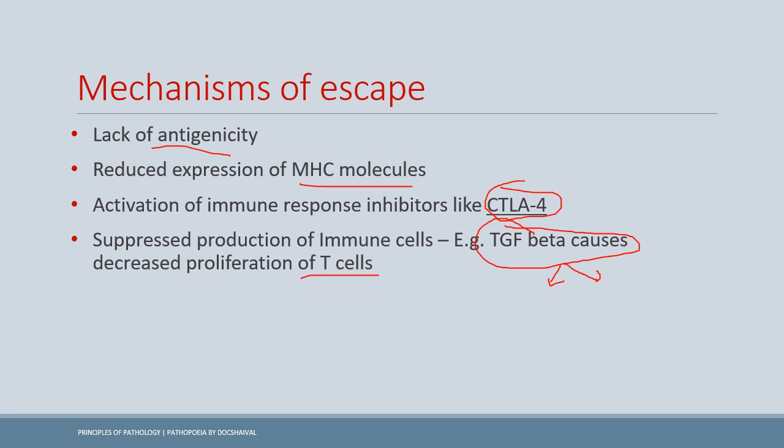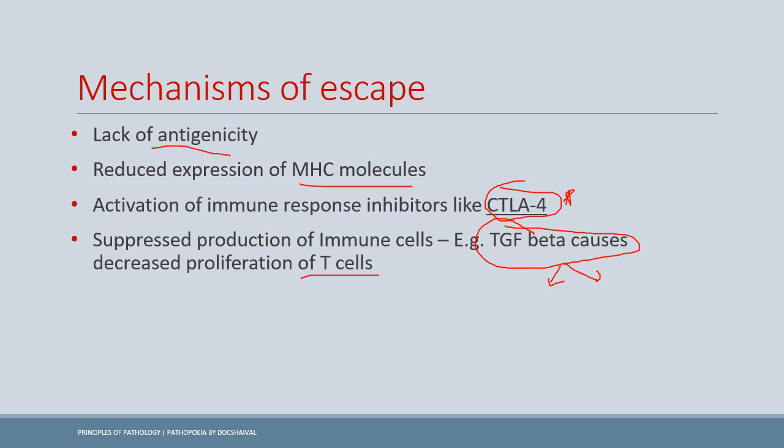While if it is causing anti-proliferation of the tumor, then it is helpful for us. So be aware of which tissue TGF beta is causing anti-proliferation in. And once again, CTLA4 is the inhibitor of co-stimulation of the T cell, and hence it provides a mechanism of escape.